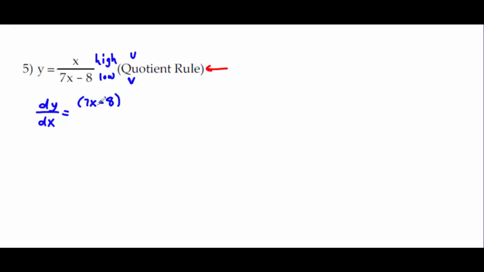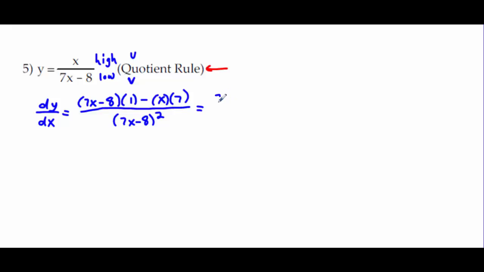d high. So I write down the bottom and take the derivative of the top, which is just going to be 1, minus high, which is x, times the derivative of the bottom, which is just 7, over the square of the one below. We do not need to FOIL the bottom, we just need to get rid of our parentheses and see if there's any like terms to add on top.